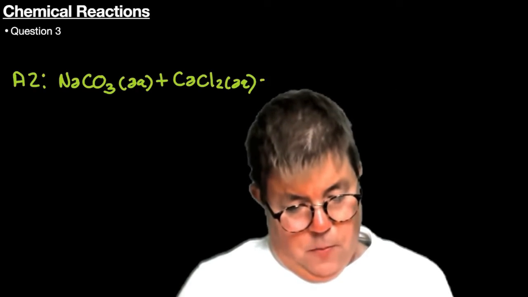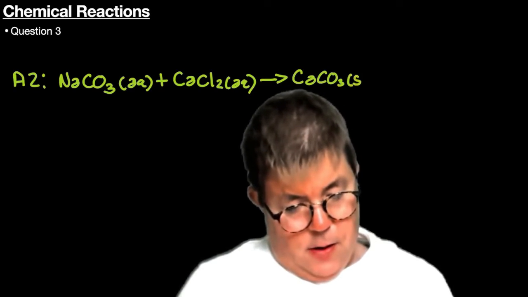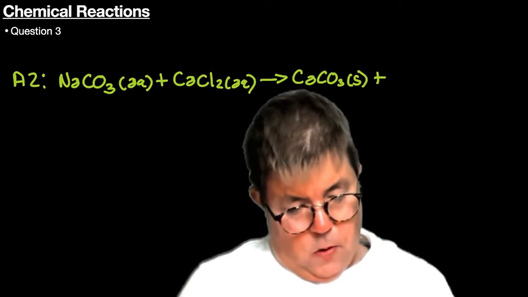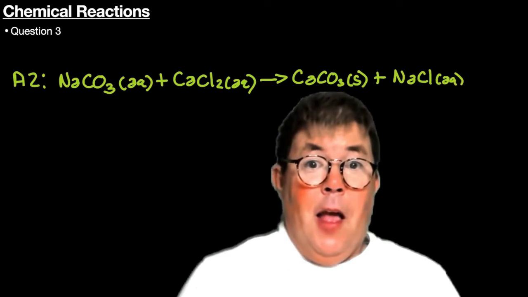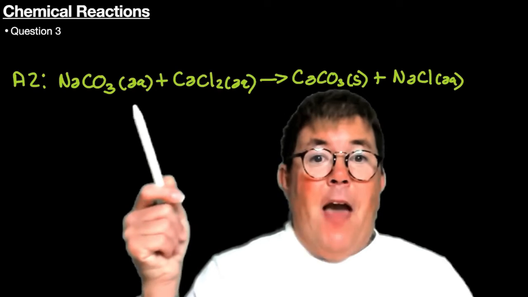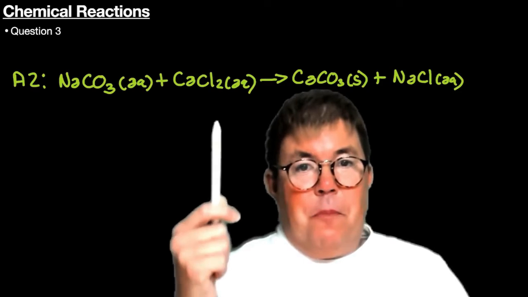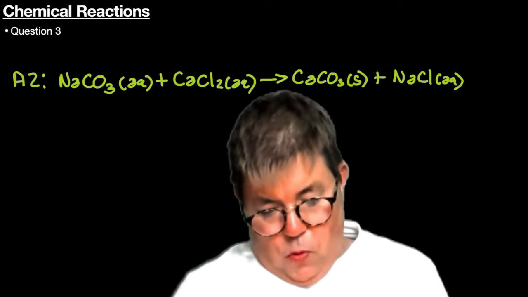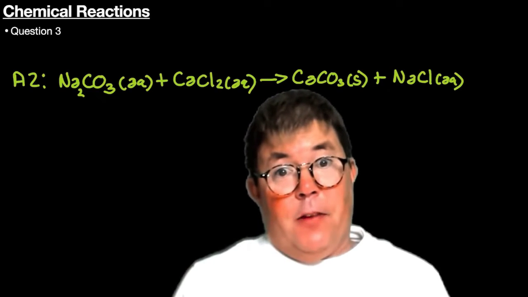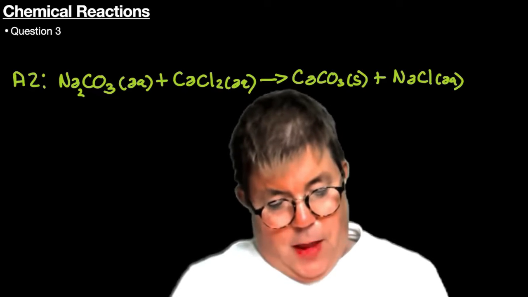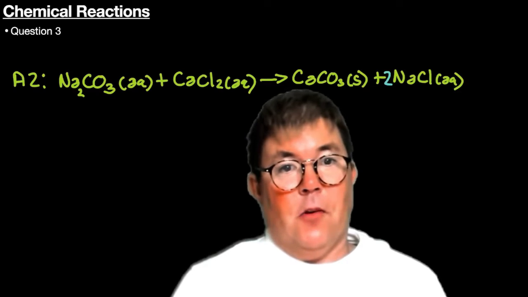We're going to form calcium carbonate, which is a solid, plus sodium chloride, which is aqueous. So now we have the complete chemical reaction. What is left is to balance, and oh, I forgot the 2 on the sodium in the carbonate. I'm not going to go through all of the details to balance, but in order for this reaction to balance, we need to put a 2 right in front of the sodium chloride.